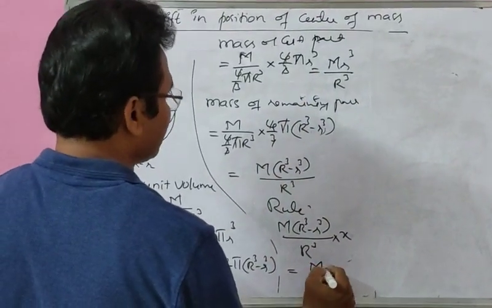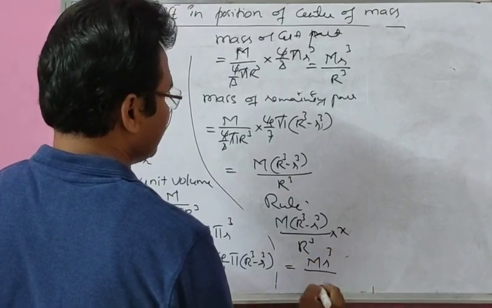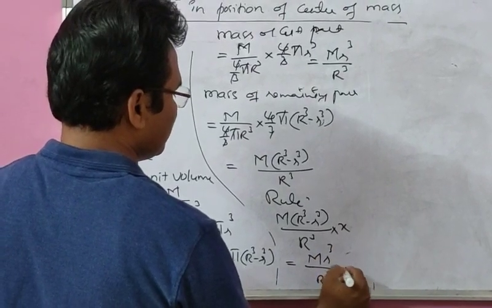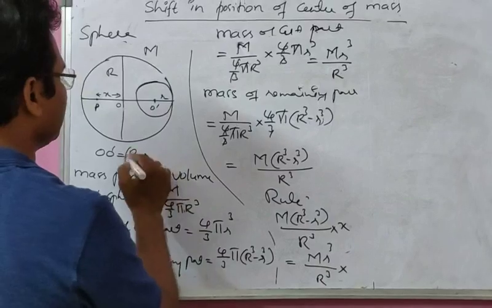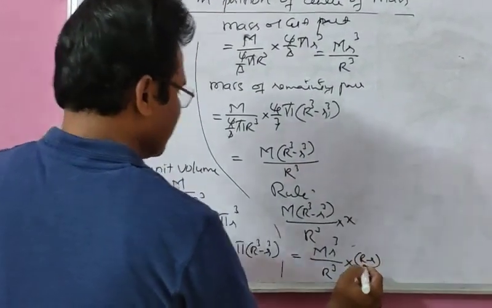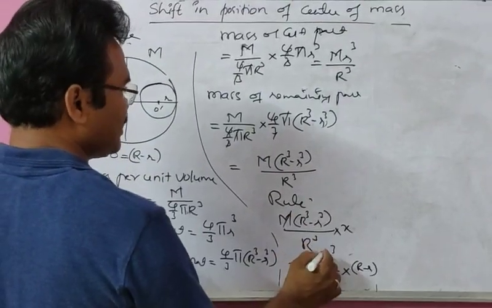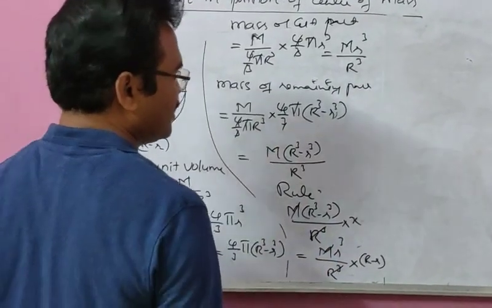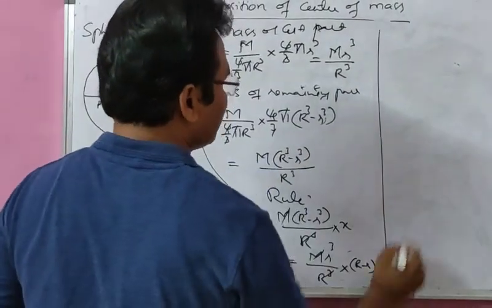This is M r cube by capital R cube into the distance, which is again this one, R minus r. So I'm writing the same here. What gets cancelled out here? M cancels out, R cube gets cancelled out. So what we get? X value.